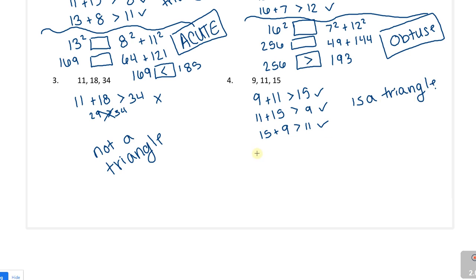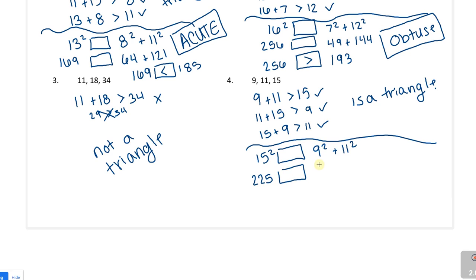So now let's classify it. Take the largest side, 15, and square it. We're going to compare that to 9 squared plus 11 squared. 15 squared is 225. 9 squared is 81.